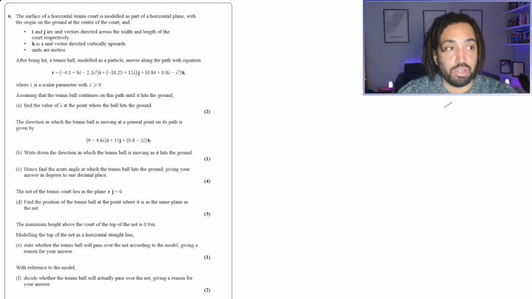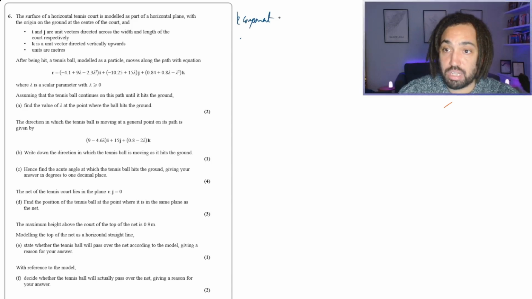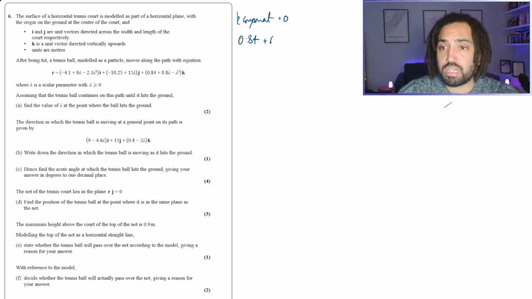Okay, so if that is the case, then the ball must hit the ground when the k component is 0. So we need the k component to equal 0. And the k component is 0.84 plus 0.8 lambda minus lambda squared equals 0.